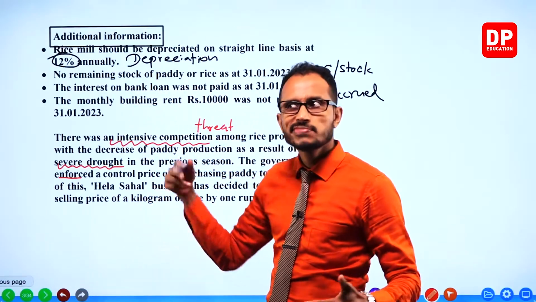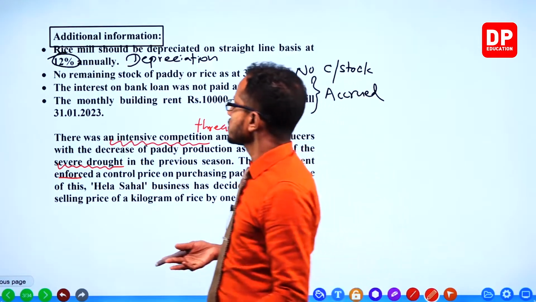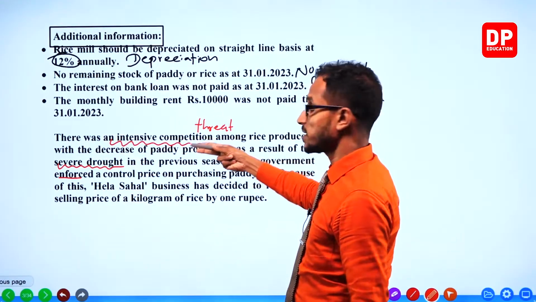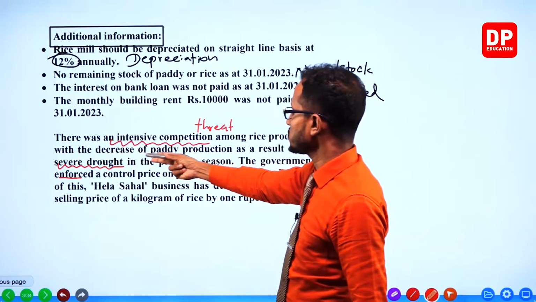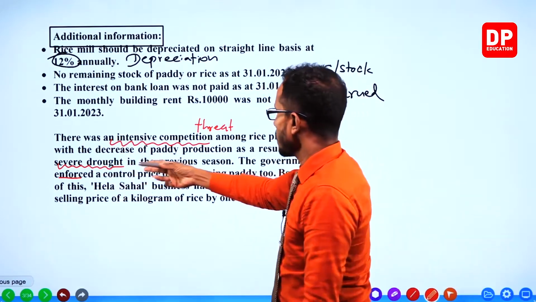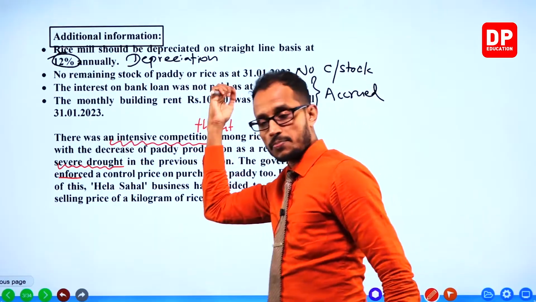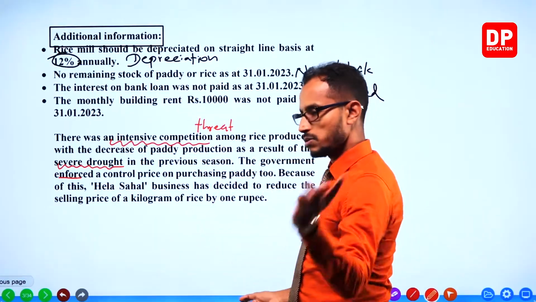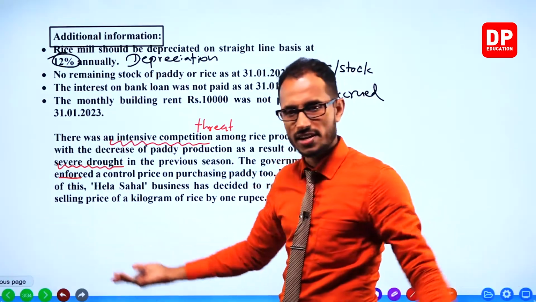Well, you can read the case again. I didn't actually notice that. There was an intensive competition, that is not economic environment, right? Rice producers, with the decrease of paddy production as a result of the severe drought. Severe drought is not economic. In the previous season, the severe drought hit the area. Boom. So all the paddy fields got dried up.